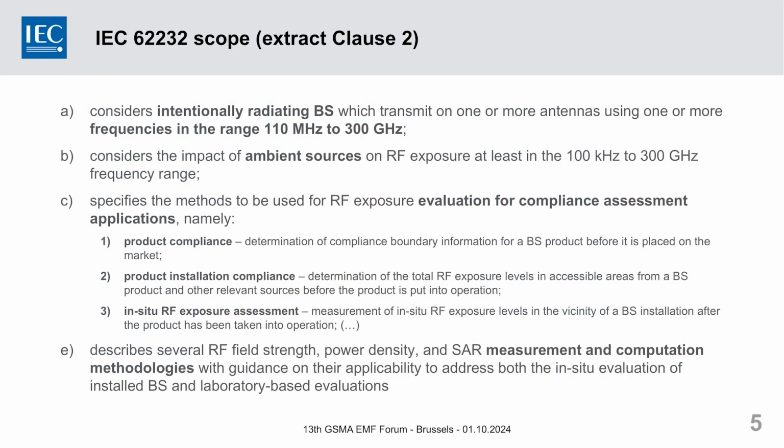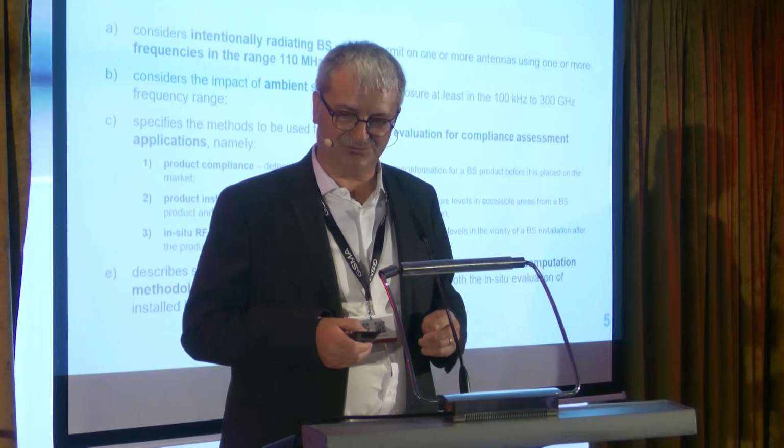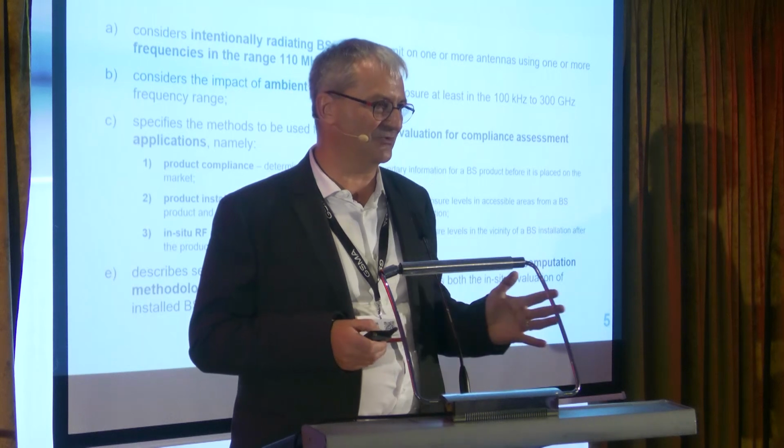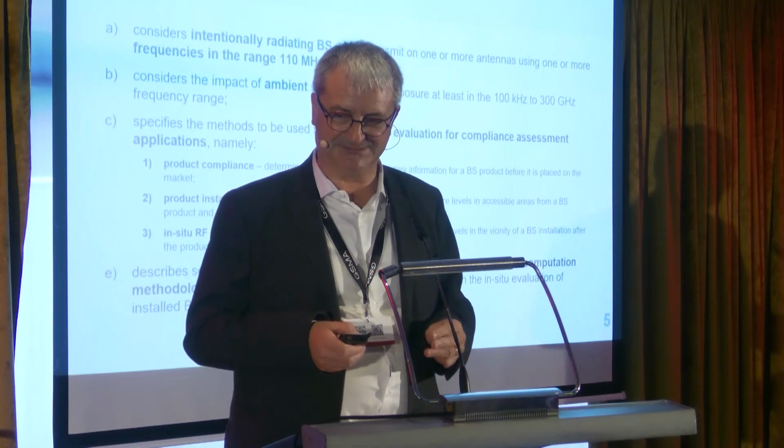The frequency range: we address base stations, transmitters in the range of 110 MHz up to 300 GHz. And there are telecom stations now in the range of 200 GHz already developed or experimented. So we are using the whole range of the standard.